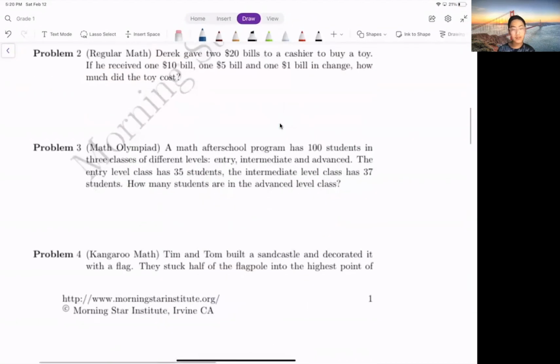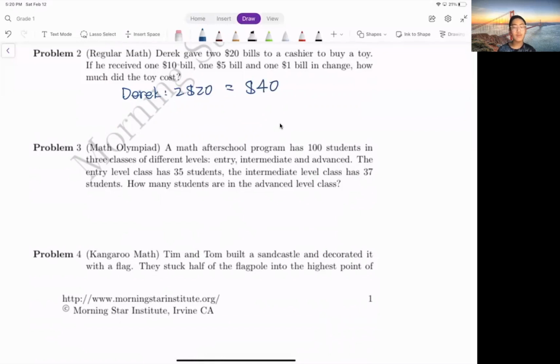Problem 2. Derek gave two $20 bills to a cashier to buy a toy. If he received one $10 bill, one $5 bill, and one $1 bill in change, how much did the toy cost? So first of all, let's define two $20 bills. Derek has two $20 bills, and that just gives us $40.